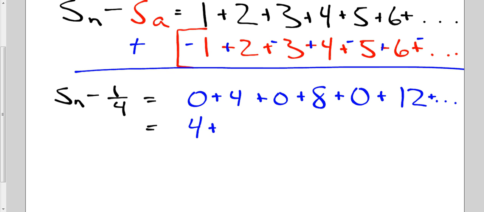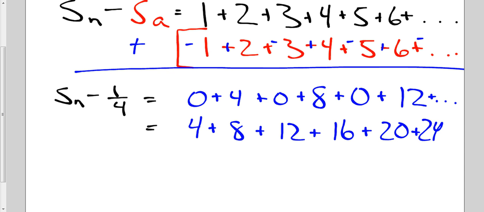4 plus 8 plus 12. What do you think comes after 12? 16 plus 20 plus 24 plus, what is the common factor between all those guys? 4, right?